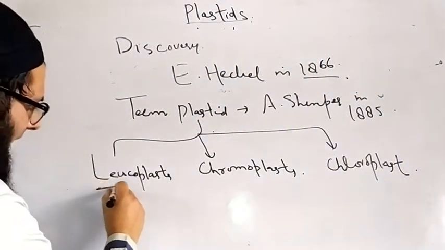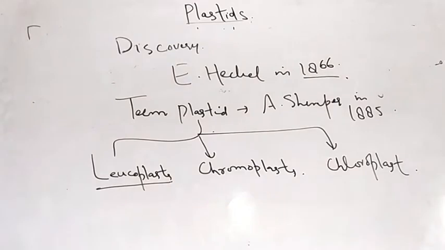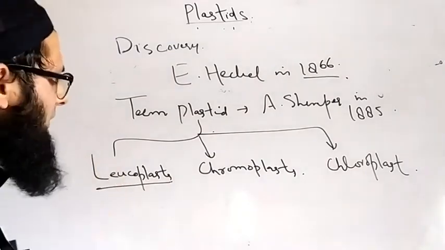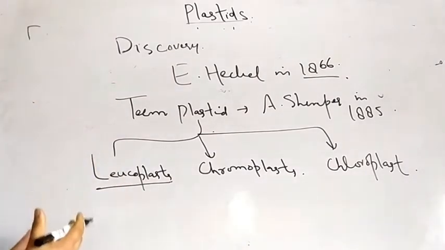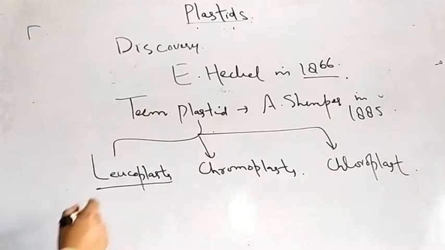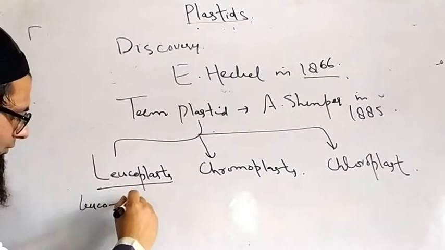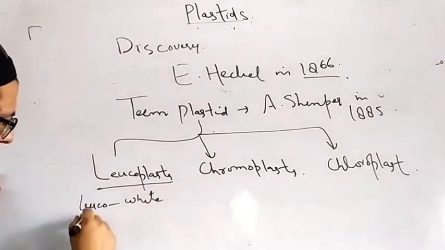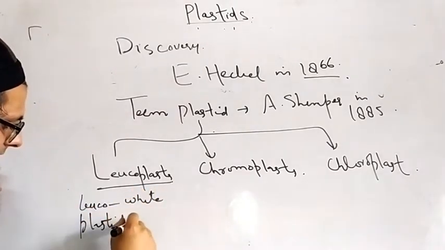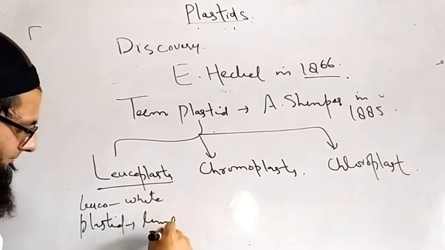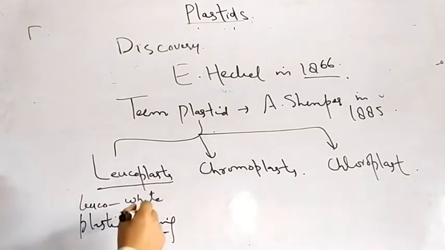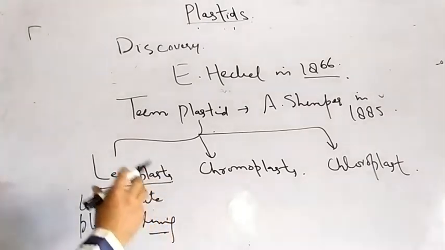Leucoplasts are those plastids which do not contain pigments. Leuco means white, plastid means living, that means they do not contain any pigment.